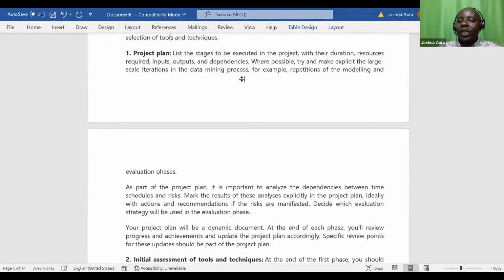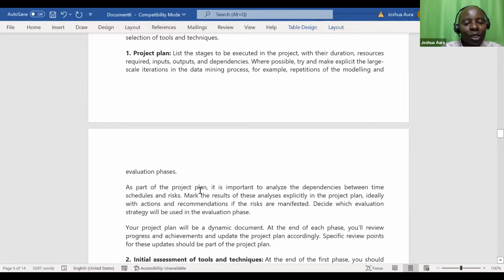Questions in quantitative analysis, come up with the activities, give us their durations. If you would want to even draw a Gantt chart, resources required, inputs, outputs, and dependencies, where possible, try and make explicit large-scale iterations in the data mining process, for example, repetitions of the modeling and evaluation phase.